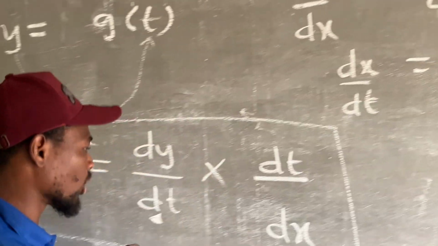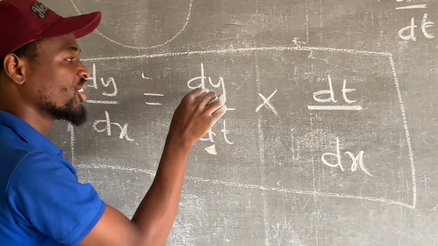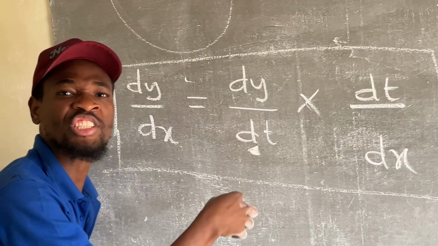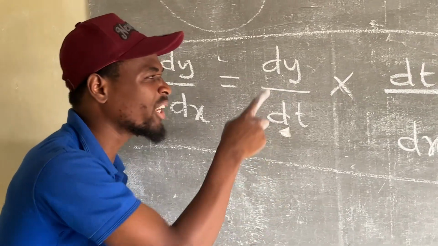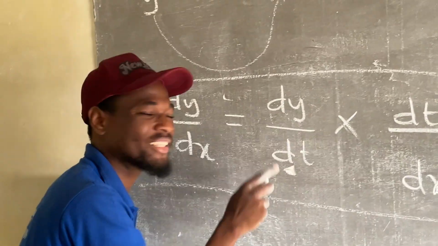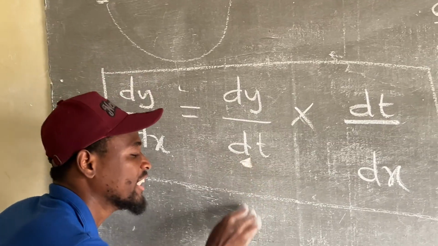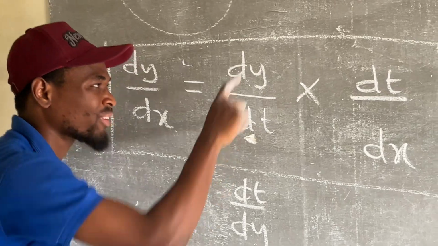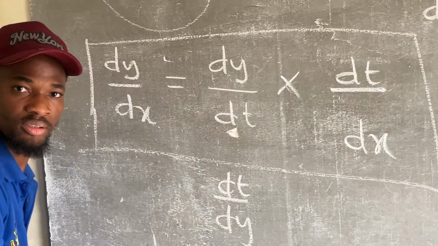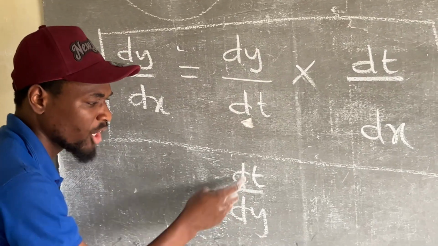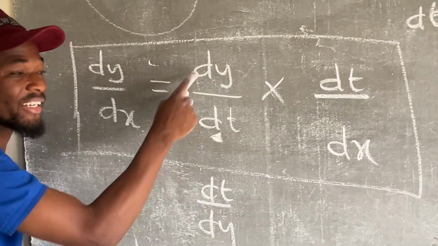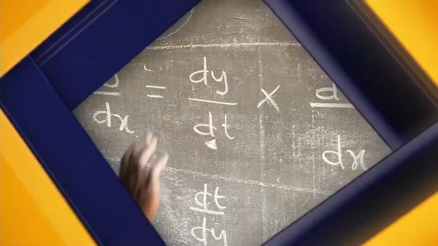So you see here I have dy over dt. Let's assume when you were differentiating one of the functions you didn't get dy over dt, and you rather had dt over dy. You realize that this is not conforming to the formula. If you want to adjust this so that it becomes like this, you just have to reciprocate.